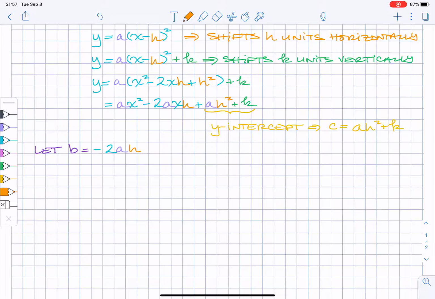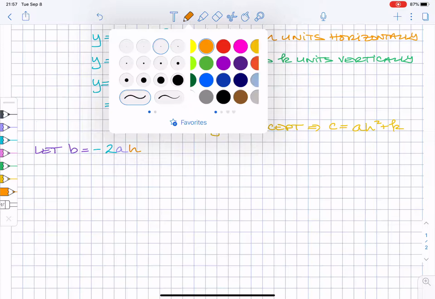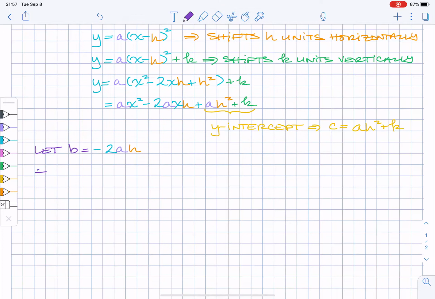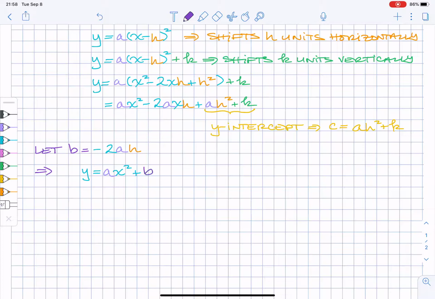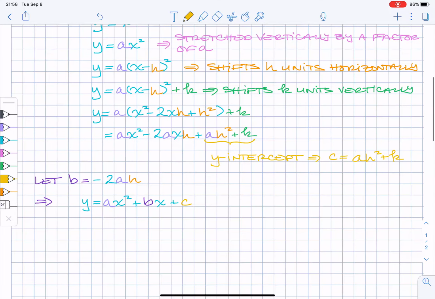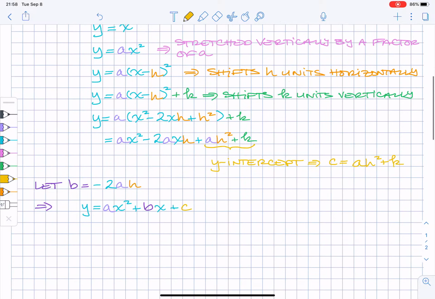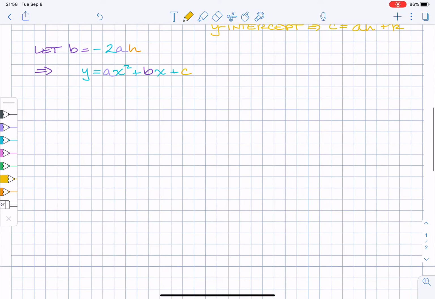This implies that we can rewrite y as ax squared plus bx plus c, where we've defined b and c as above. Okay, so let's define this formally.